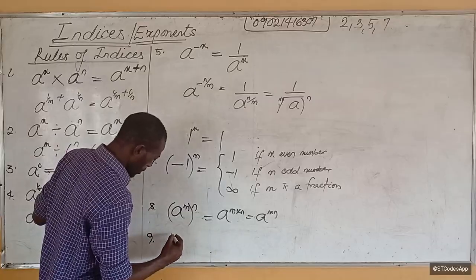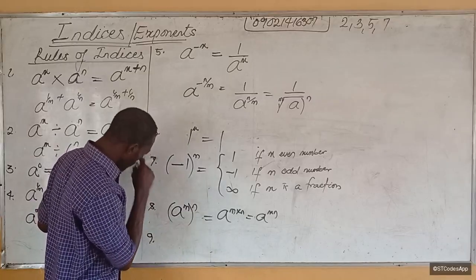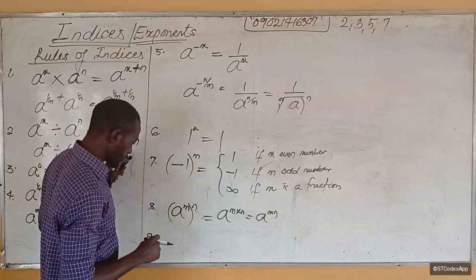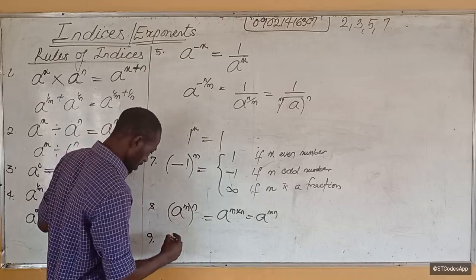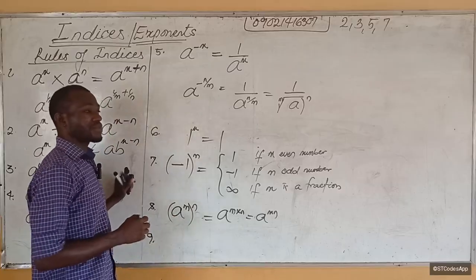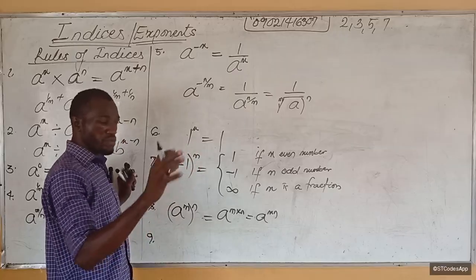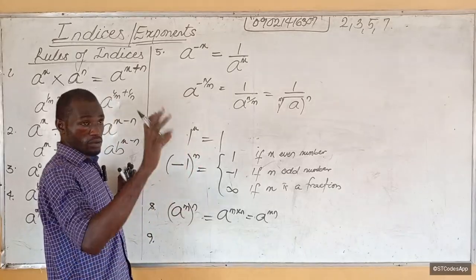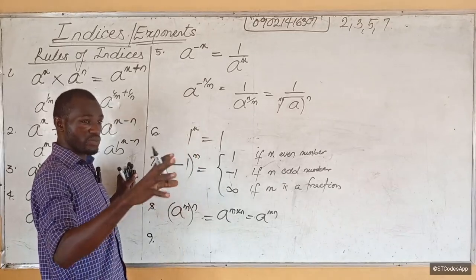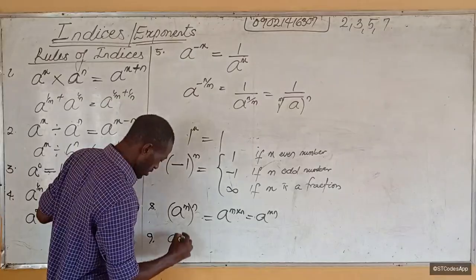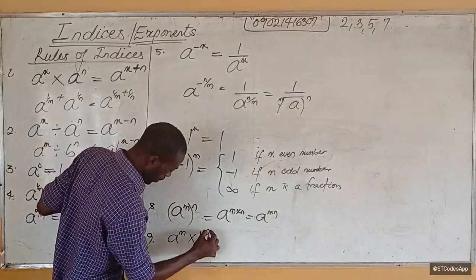Now the next rule that we should discuss, because we've done division there, is what if I have the multiplication of different bases but similar power. Multiplication of different bases but similar power, like this: a raised to power m times b raised to power m.